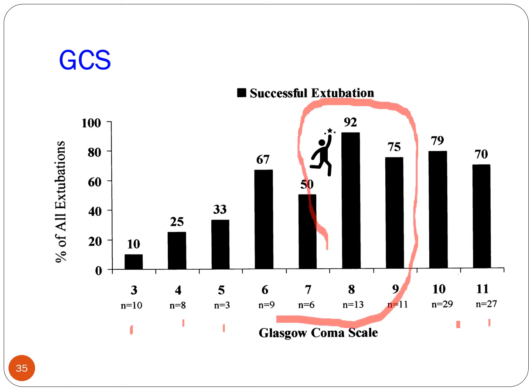You know what I mean? This is where they are. So when you're at a Glasgow Coma Scale between 8 and 10, you have a really high success rate of a successful extubation. And they did studies of thousands of patients, and they found that this was the most key factor in regard to successful extubations in this group.